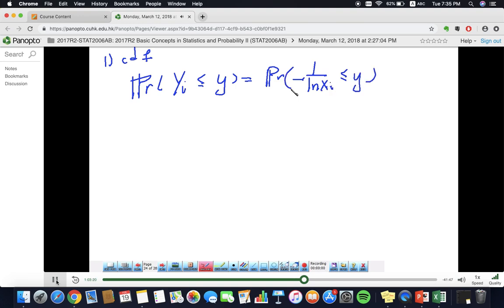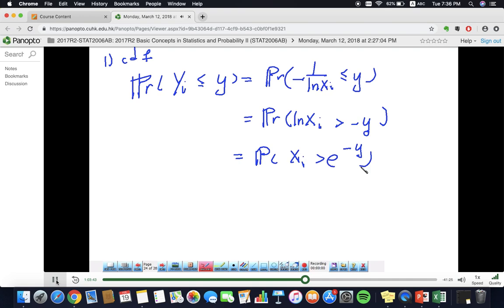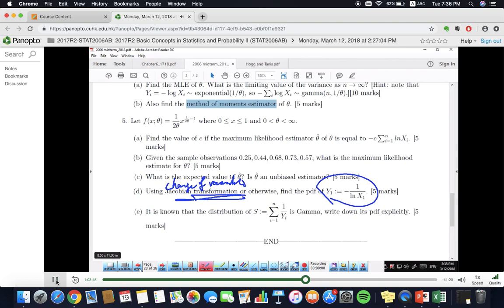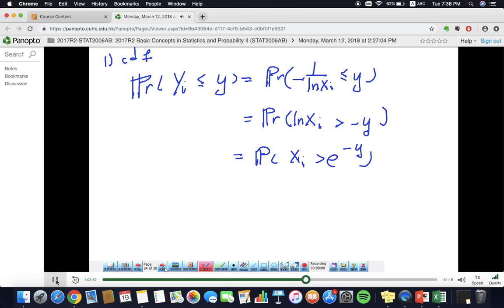And now it's the same as the probability that xi is bigger than e to the power minus y. Now we know the density function of xi. This is the guy. We plug it in, we carry out the integration, and then we differentiate with respect to y, and we get the PDF.